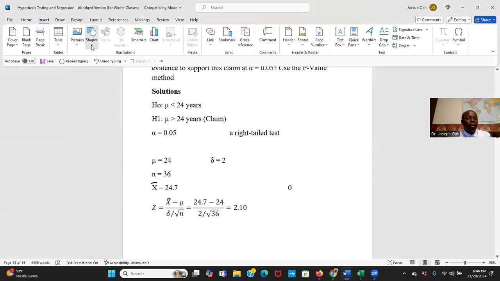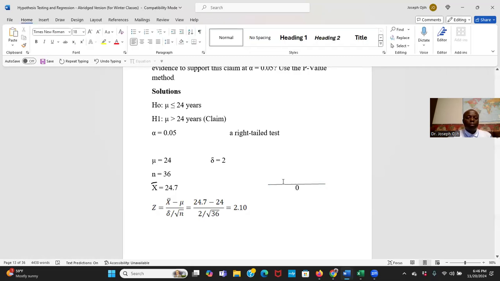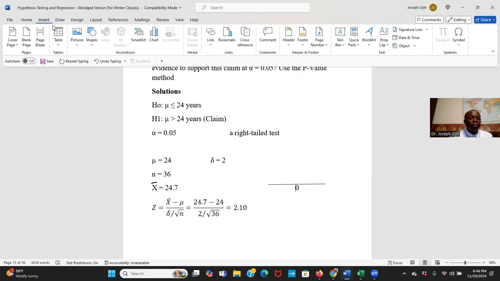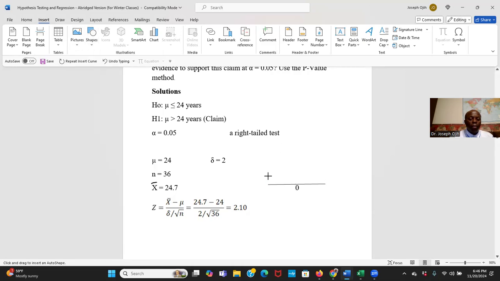I can put a line, and then a normal curve from here.